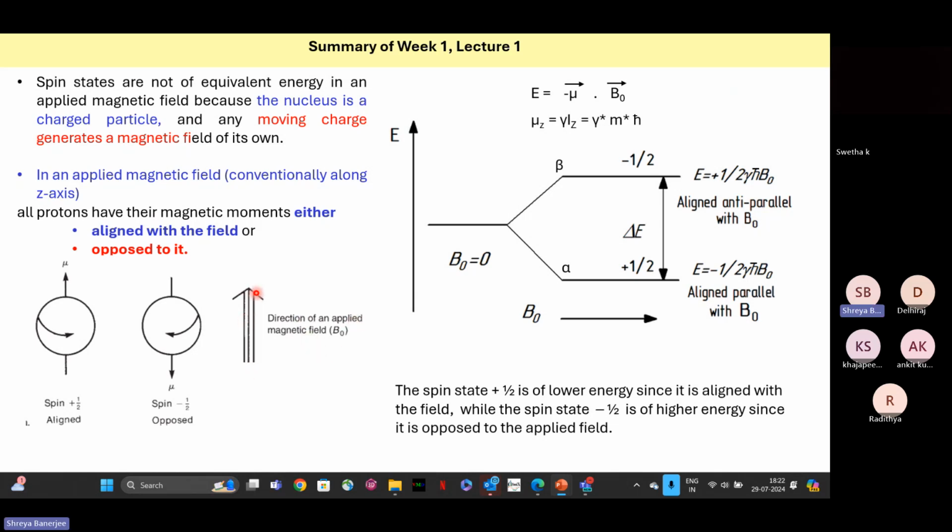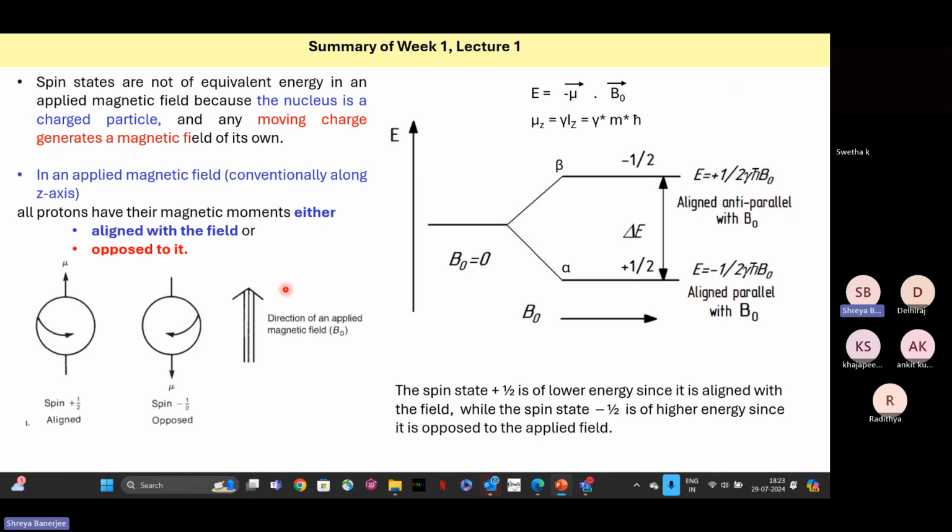When this is applied, the nuclear spin can orient itself either in the same direction as the external magnetic field or in the opposite direction. If it is in the same direction, the energy will be lower because it is following the external magnetic field. But if it is in the opposite direction, the energy is higher because it is going against the external field.